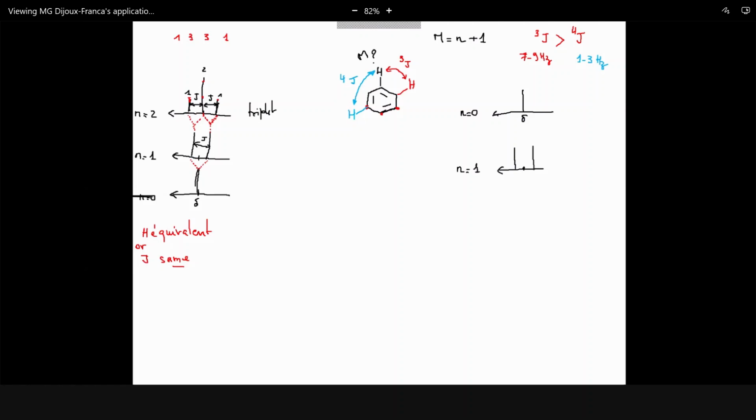And if n equals 2, even if it's protons, I said I have 2 J values. I have a big one and a small one. I will not have a triplet like before. Each line will be divided in 2, but with a smaller coupling constant. So I will have something like that, always with the chemical shift in the middle. And I will have something like that.